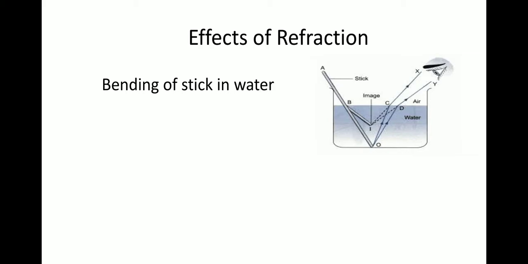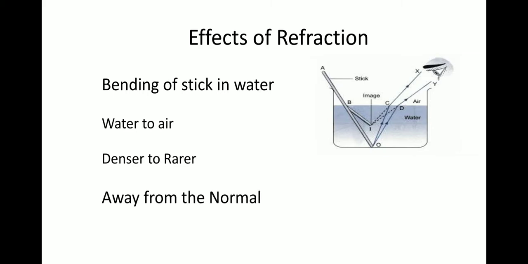The reason for this is that the light which travels from this point O travels from water towards air. When it travels from water to air, it is actually traveling from a denser medium to a rarer medium. And we have learned that when light travels from denser to rarer medium, it bends away from the normal.